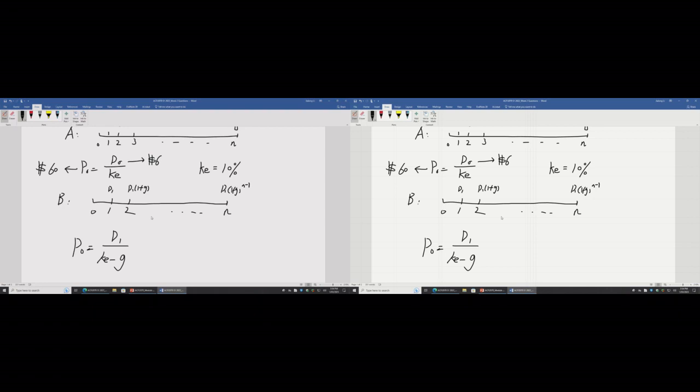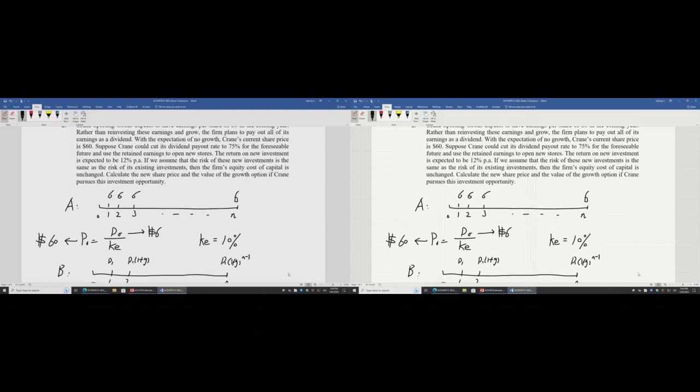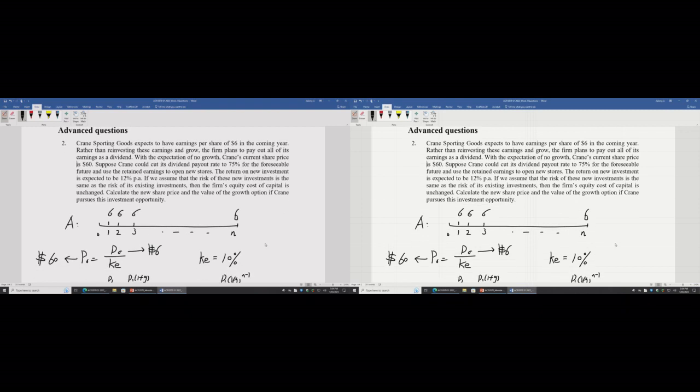First of all, for D1. What is D1 in this case? The next dividend payment. That's right.